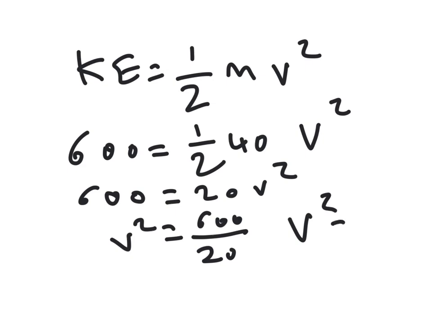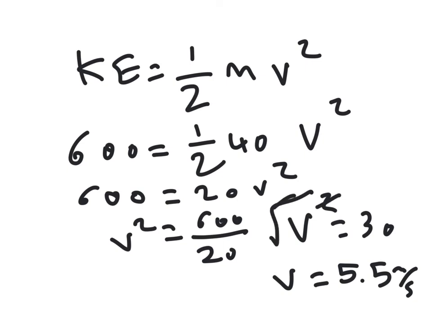So v squared is equal to 30. Square root of both sides, v is equal to 5.5 meters per second. Okay? We did square root to find the 5.5. We're good?